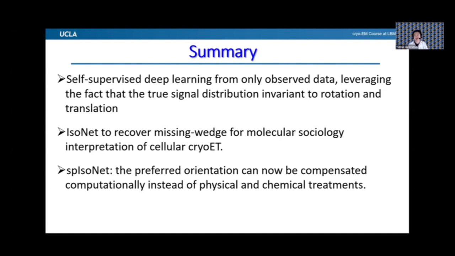If you have a structure and rotate it, it's still the same signal distribution, so it cannot recognize which is X and which is Y in the real ground truth. The second one is IsoNet for the missing wedge, to help the molecular sociology interpretation in cellular cryo-ET, and the single particle IsoNet compensates computationally instead of using physical and chemical treatment of the grid.